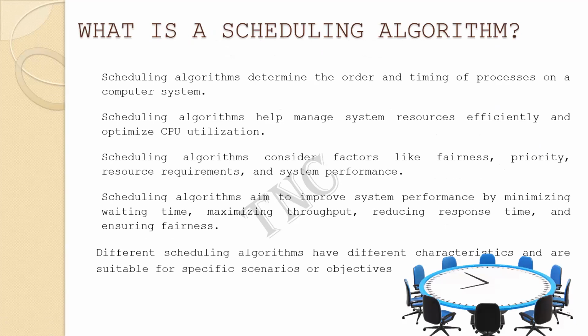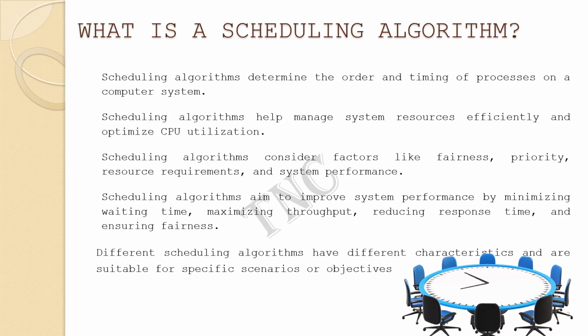Let's see what is a scheduling algorithm. Scheduling algorithms tell the CPU which will be the next process to have the CPU time. The main goal of scheduling algorithms in OS is to maximize the throughput, minimize the waiting time, reduce the response time and ensure fairness.